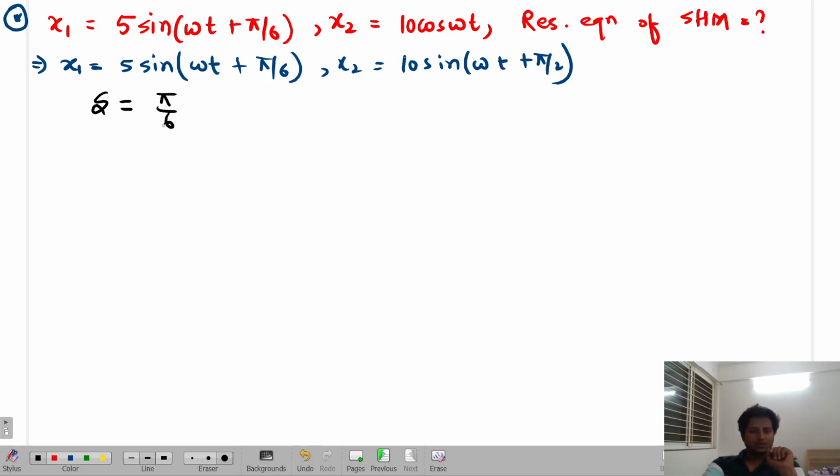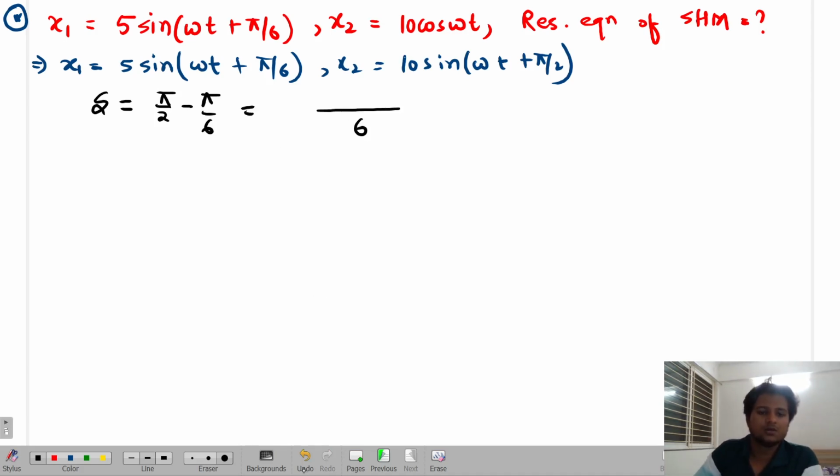That will be pi by 2 minus pi by 6, isn't it? So that means what? How much is this value? Pi by 3. कितना आया delta?